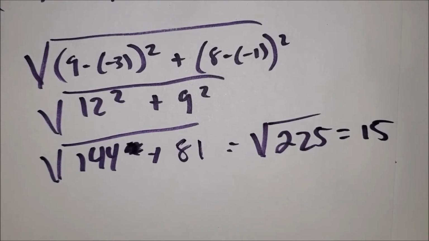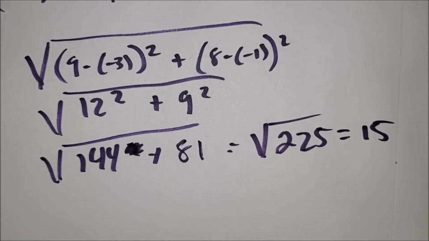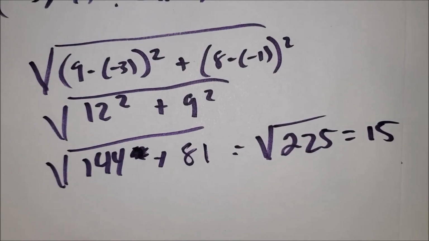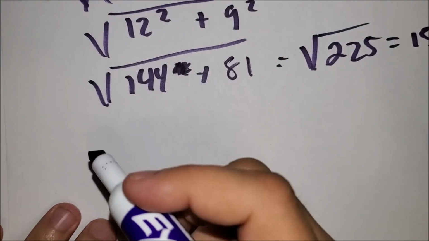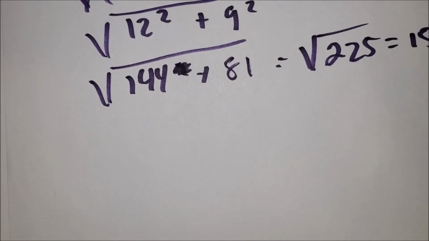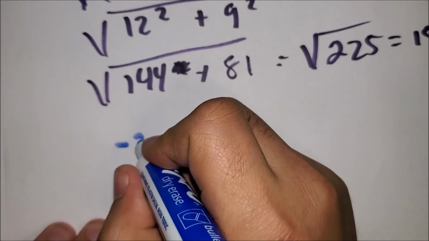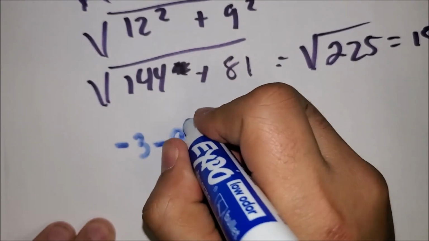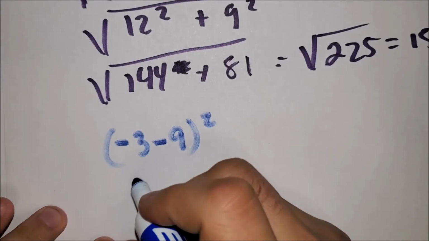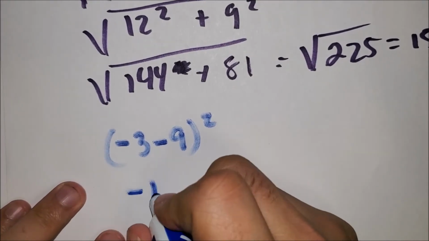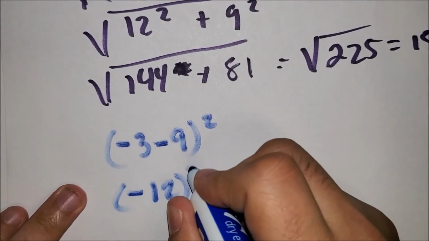Now, you might wonder, does the order of these matter? Well, here we had 9 minus negative 3, and we squared that. What if we did it the other way around and said negative 3 minus 9 squared? Negative 3 minus 9 gives you negative 12 squared.